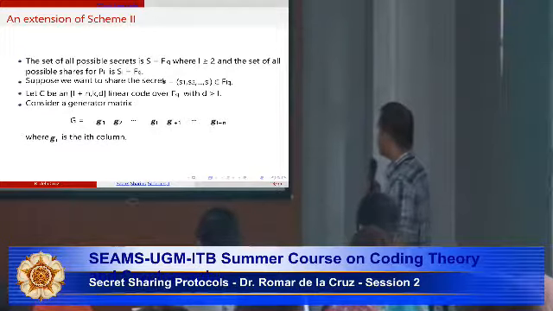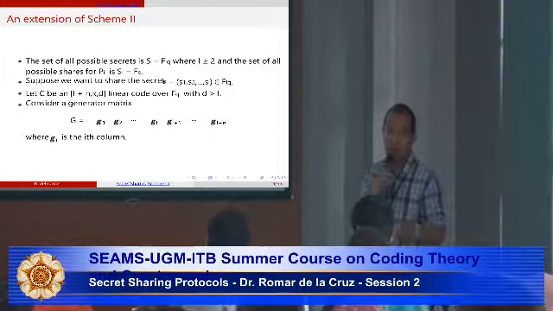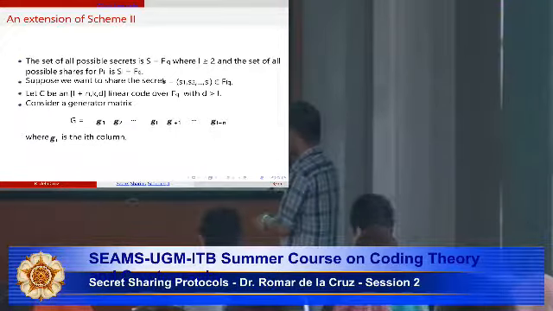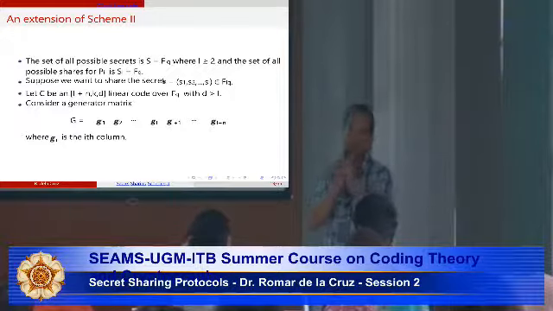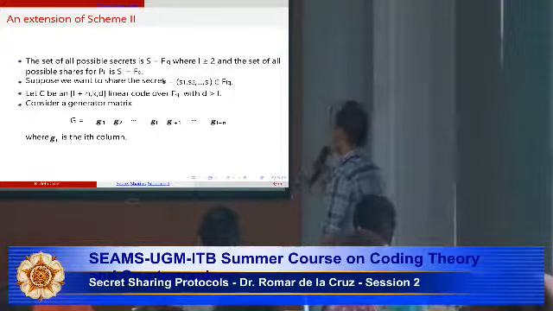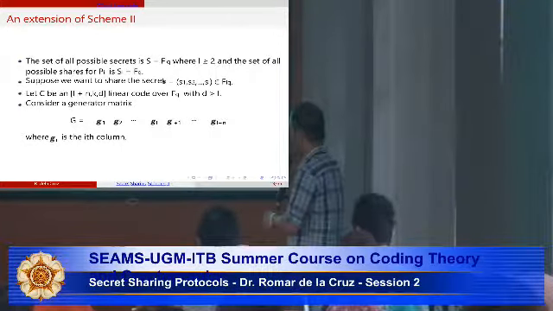So an extension is the following. Suppose the set of possible secrets is F_q to the L, where L is at least 2, and let us assume that the possible shares are F_q, one field element. Of course, you can generalize it to any size, but to simplify, we just assume this for the shares.